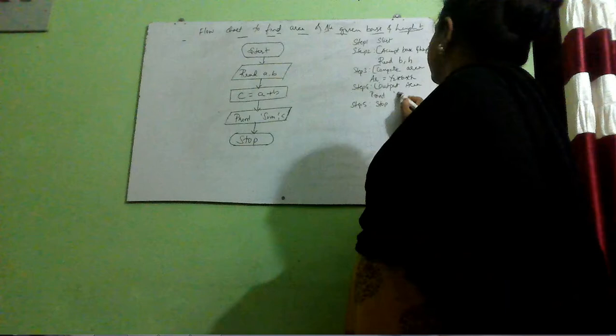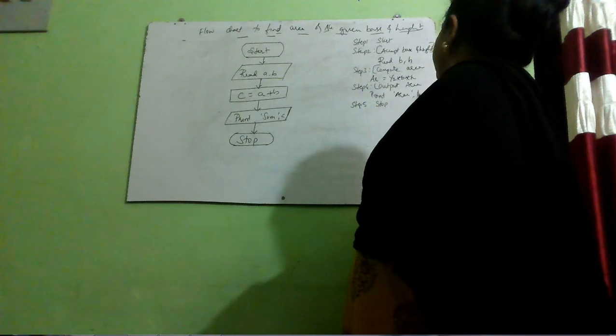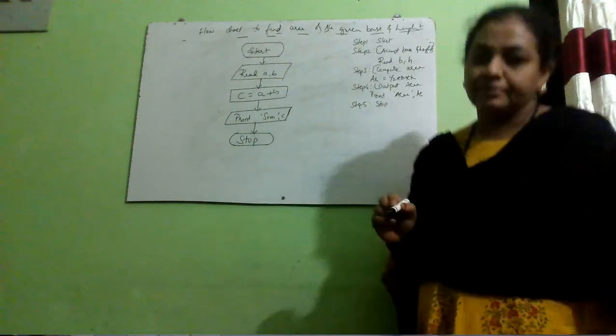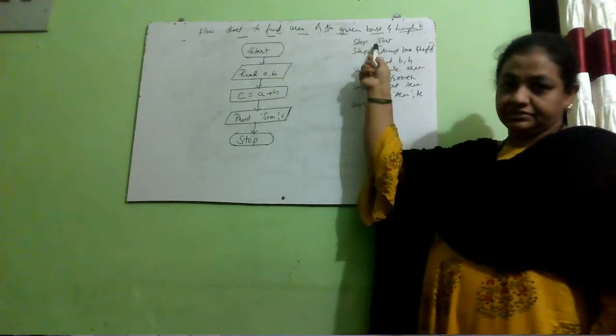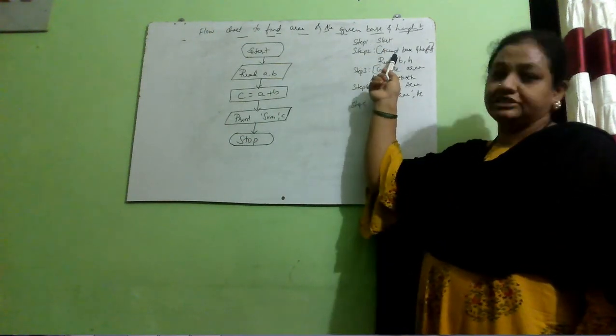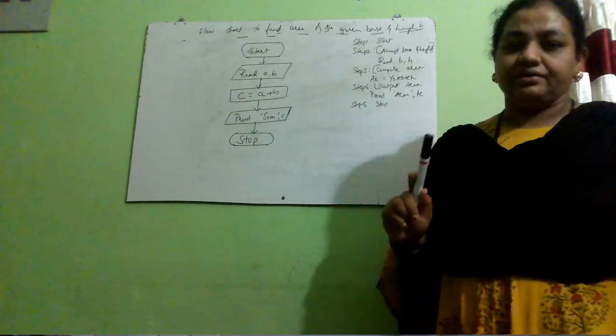We need to accept two numbers, right? No. We have to accept base and height. The previous algorithm required two numbers because we needed to find the sum.